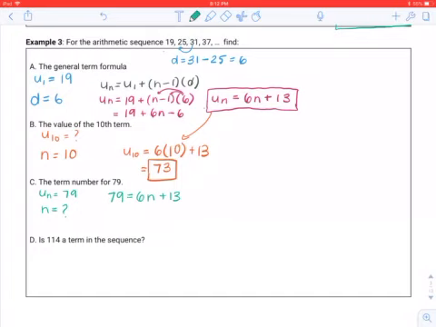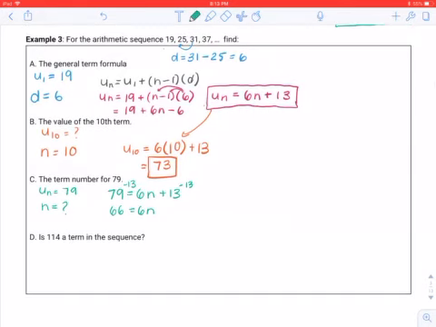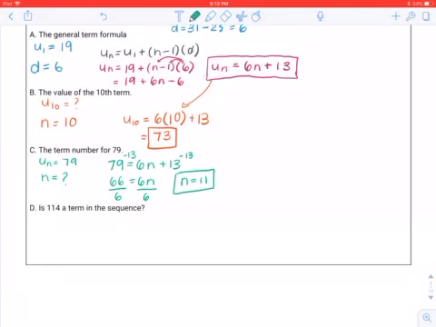I've just got to solve for n here. So I'm going to subtract 13 from both sides. I end up with 79 minus 13, which is 66, equals 6n. Divide both sides by 6 here to isolate n, and I end up with n equals 11. The 11th term is going to be 79.